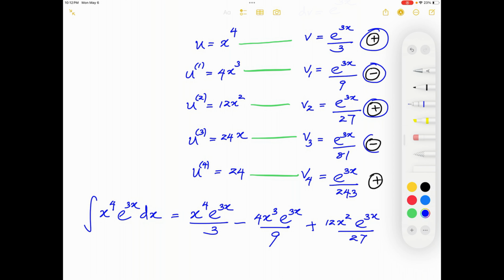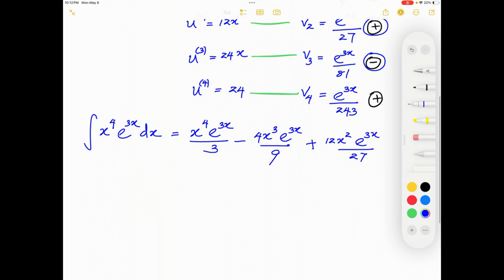I'm going to write a negative symbol in the next line since I'm running out of space, and then I have 24x times e to the 3x divided by 81. The next symbol is positive. Let me write the positive symbol. That will be 24 times e to the 3x divided by 243.